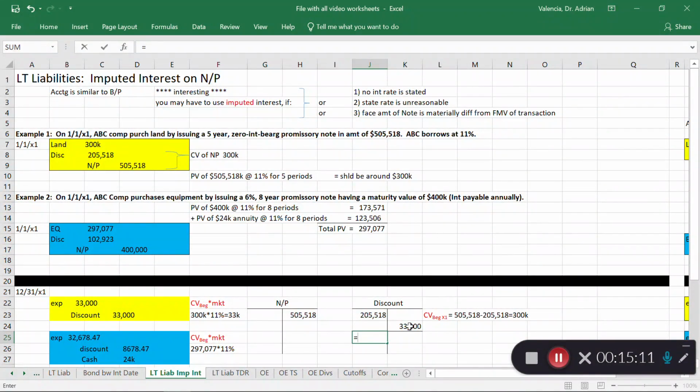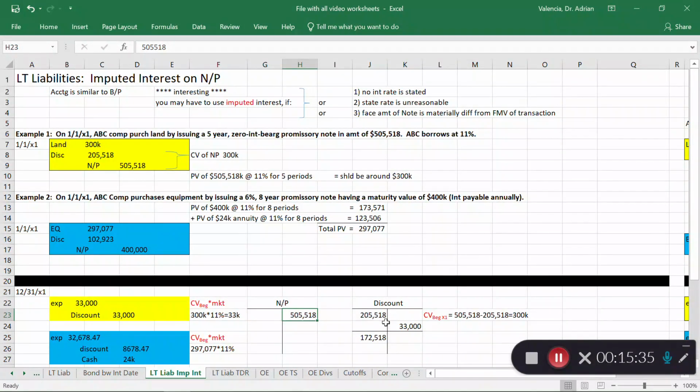This would be this minus this. So the carrying value of this note at the beginning of the second period will be 505 minus 172, whatever it comes out to be. And that's what you use to calculate the interest in the second period times 11%. Remember, this is constantly changing.